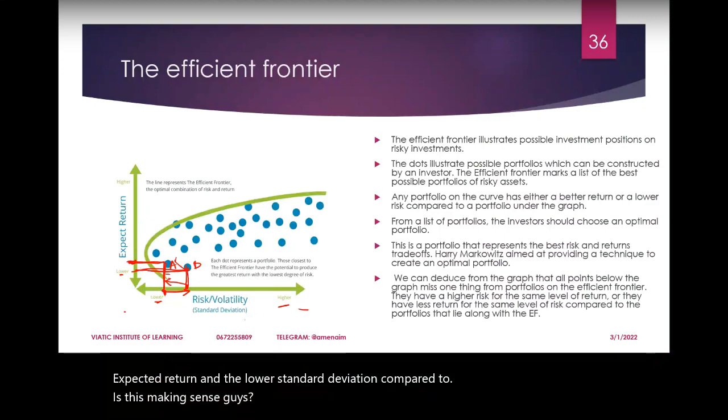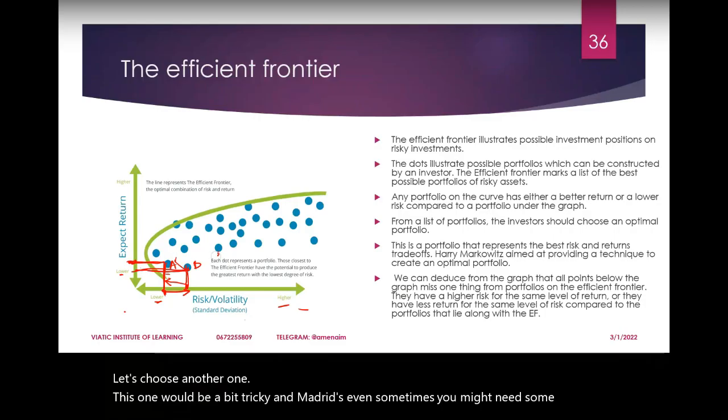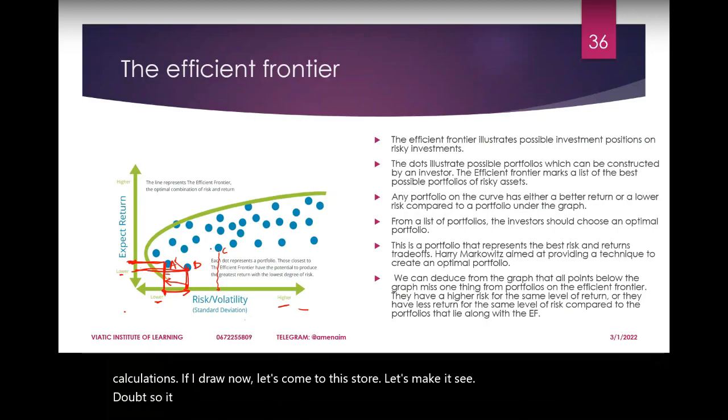Okay, let's choose another one. This one will be a bit tricky, and sometimes you might need some calculations. Let's come to this dot and make it C. Down. So it means this is the risk, right? And let's find the return for C. This is the return.